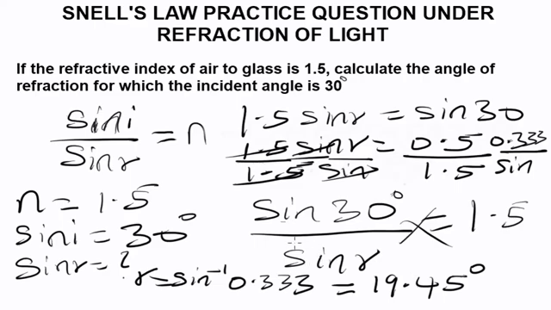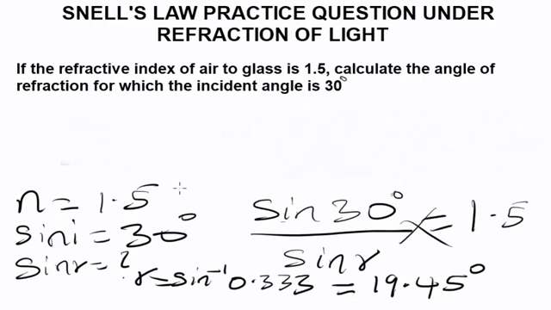Note that in this question, the refractive index is from air to glass, that's from a less dense medium to a denser medium. Had the question been from glass to air, that's from a denser to a less dense medium, because glass is denser than air, the calculation would have been different.